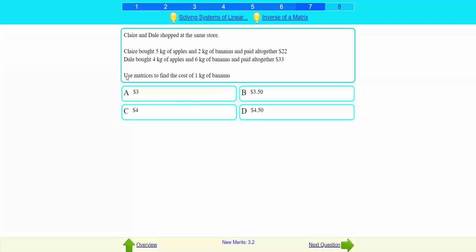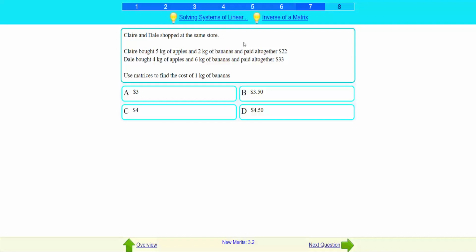Okay. So Claire and Dale shopped at the same store. Claire bought 5 kilograms of apples and 2 kilograms of bananas and paid altogether 22. So we would have 5 plus 2 bananas would equal $22. And this is for Claire.